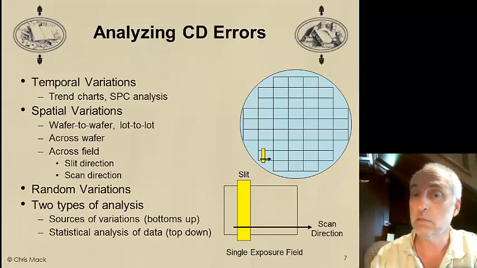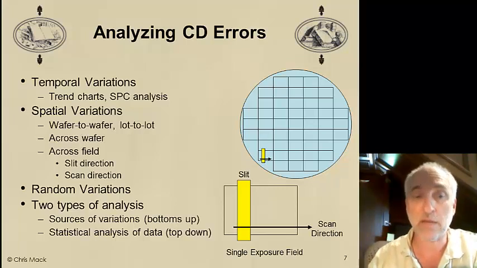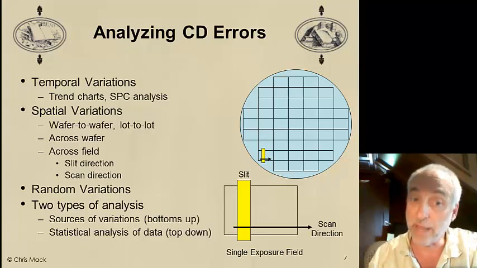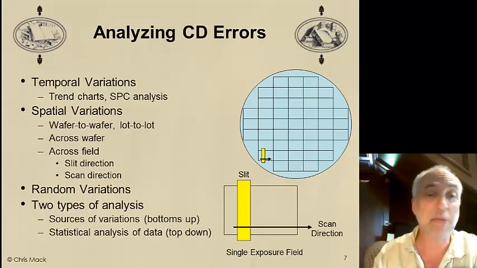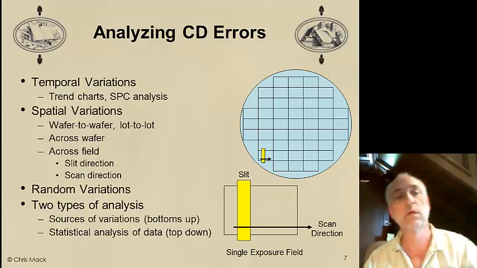What we look for here is systematic variations, but there's also just plain old random variations, and we need to characterize the magnitude of the random variations as well.